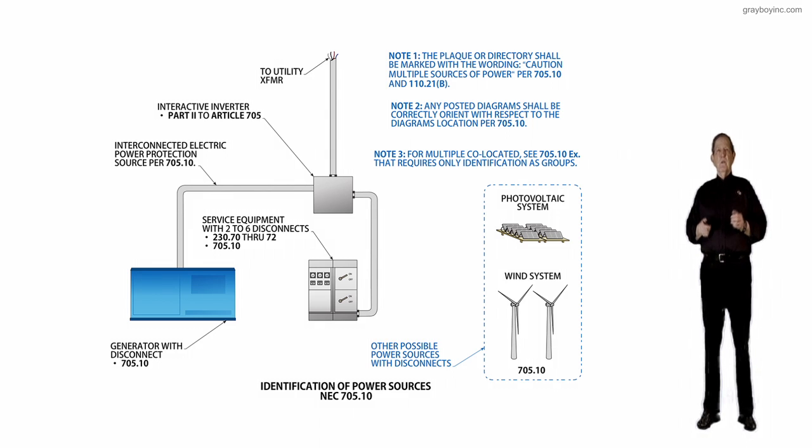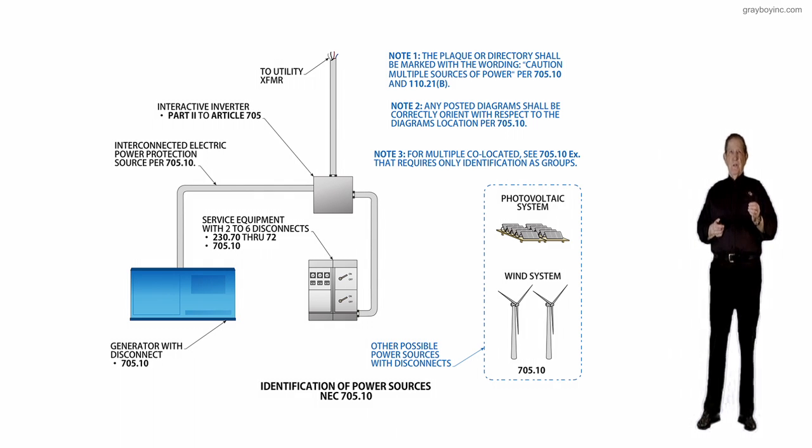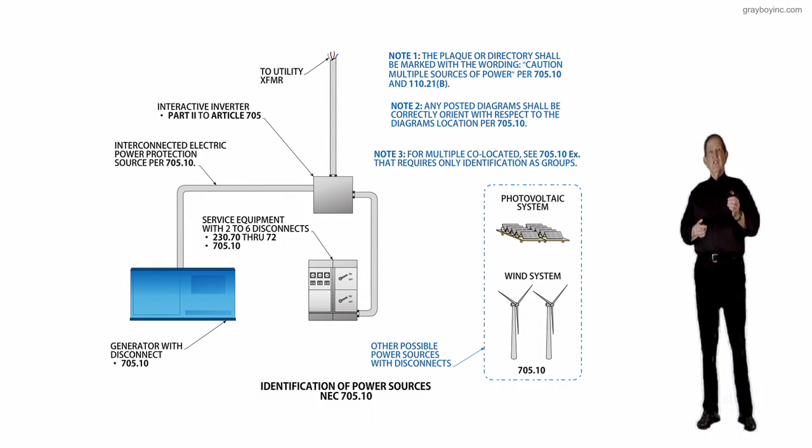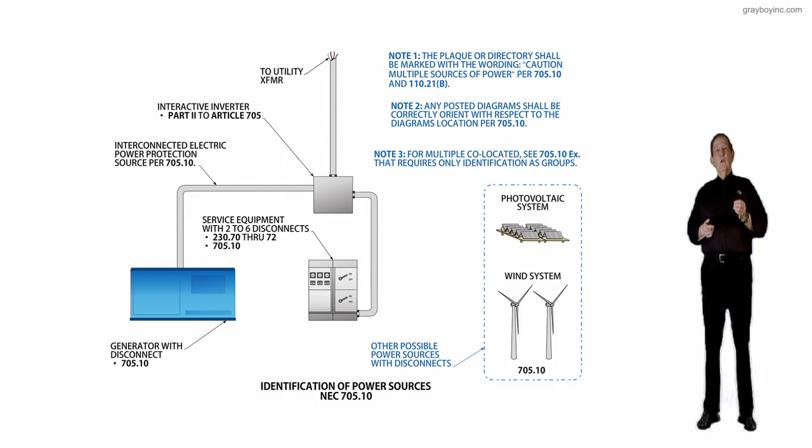Now remember, a generator can be a 700 generator, which is emergency, or it could be a legally required standby generator, which would be Article 701. Also, that generator may be a 702 generator, optional standby.